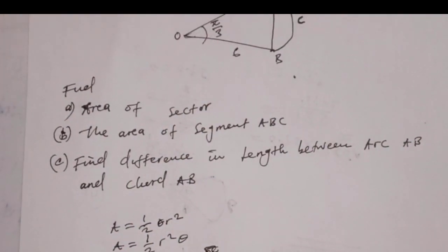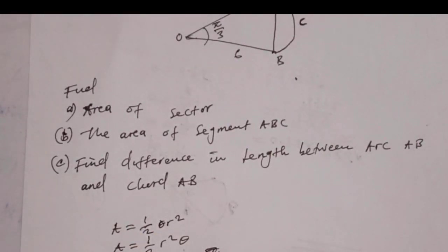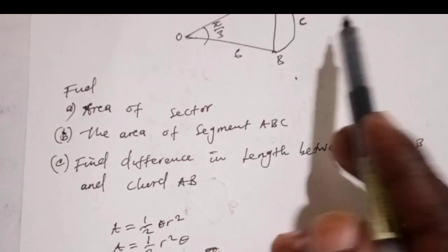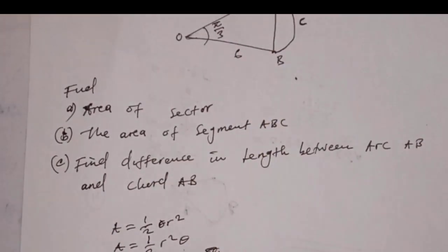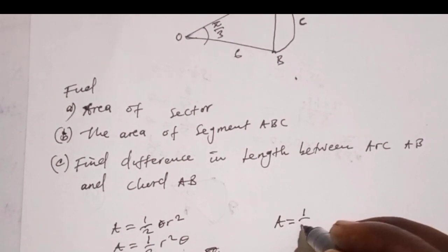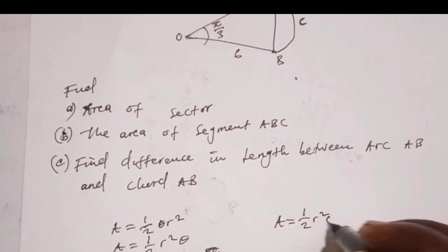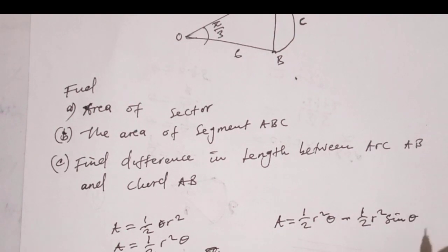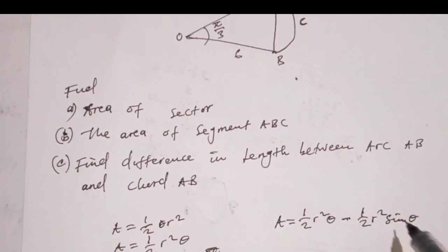So the formula for finding the difference of the sector and the triangle, the segment ABC, will be area equals half r squared theta minus half r squared sine theta. We all know that in trigonometry, when finding the area of a triangle, it is half r squared sine theta.